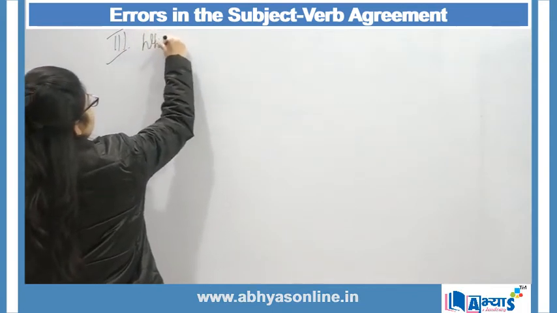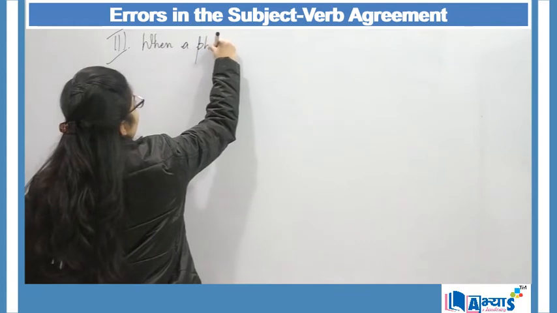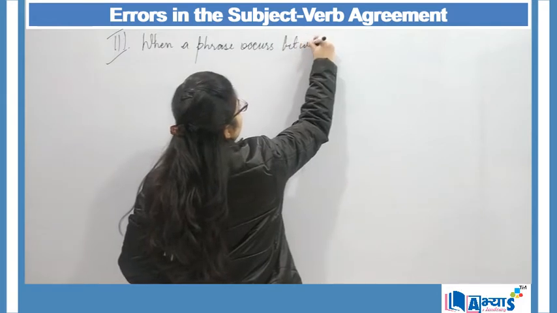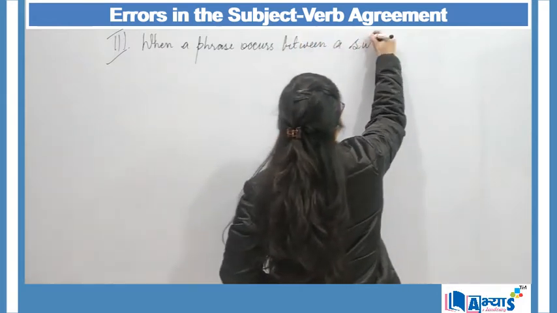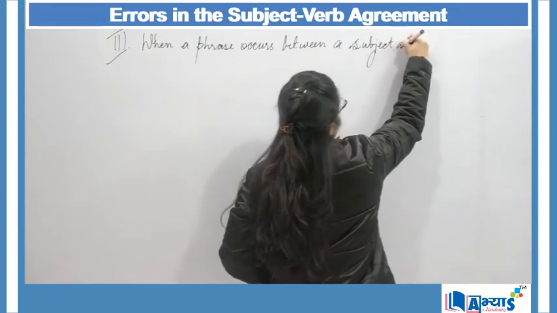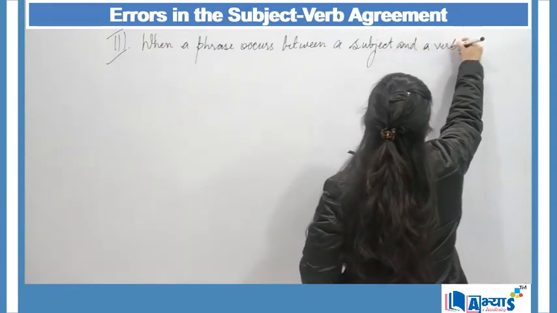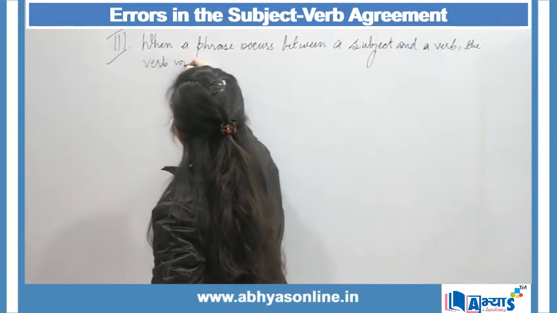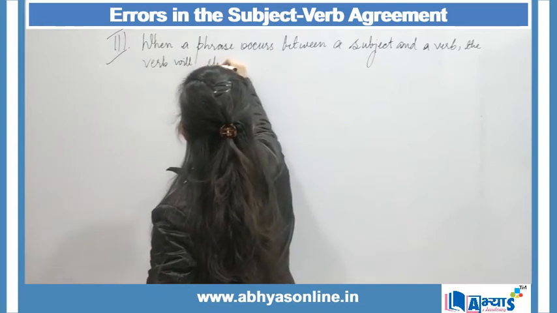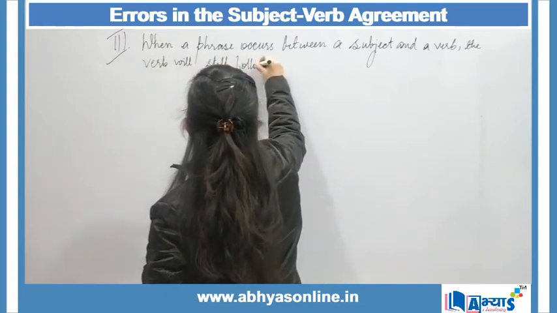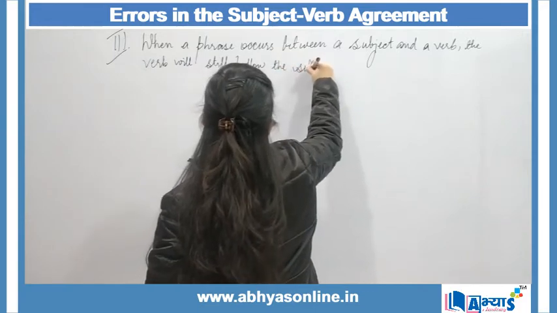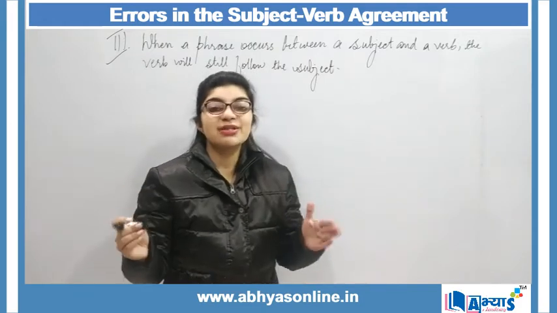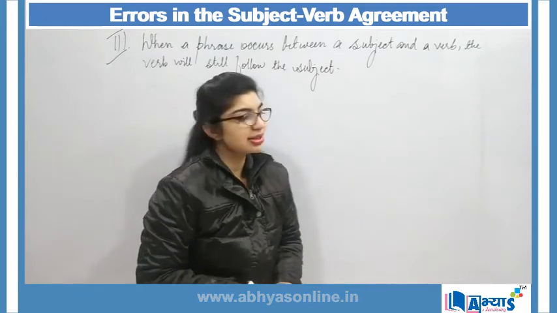when a phrase occurs between a subject and a verb, the verb will still follow the subject and not the noun or the pronoun which is present in the phrase.